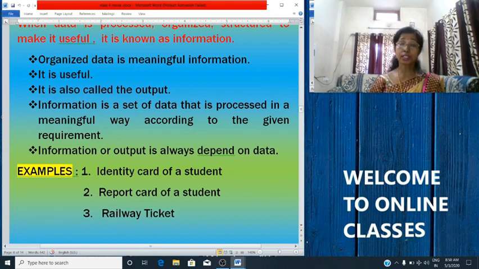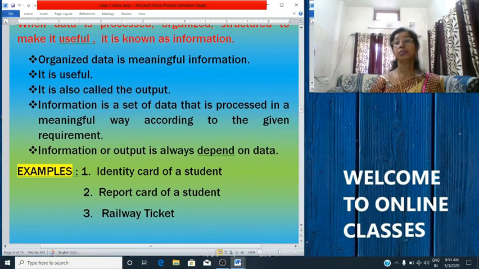Then the computer processes it and the ticket is printed. So whatever information you give to the computer is the data, and the ticket is the information. So these are some examples of data and information.